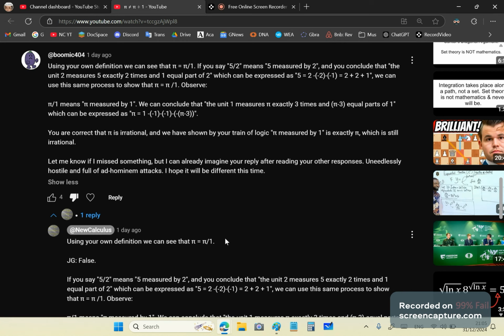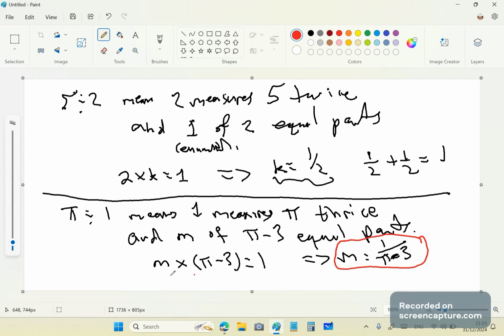So, you give them this evidence, you show them their mistakes, okay? But this fool will still come back and say that the way I showed this also shows that pi divided by 1 is equal to pi, which is false, okay? False. Because if pi divided by 1 is equal to pi, then pi is a rational number, okay? Because that's what this process means.